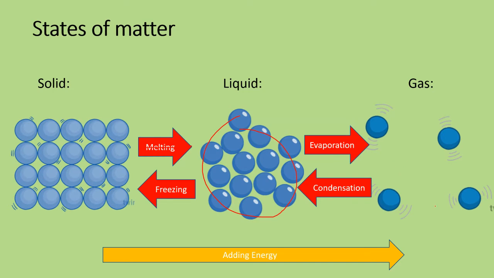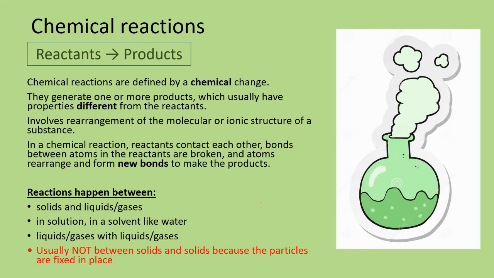But if we can take the energy out, start to cool it down, then we start to go this way, and that's called condensation, going from a gas to a liquid, and also from a liquid to a solid. The particles are losing energy to the surroundings and becoming a solid, and we call that freezing, or another word for that is solidification. So in this direction here, we are adding energy.